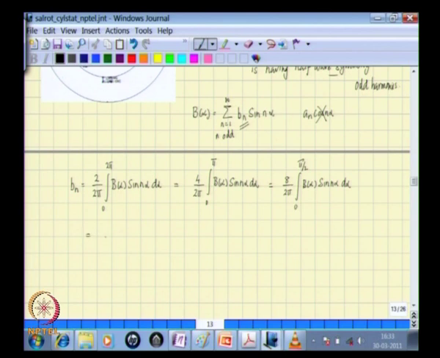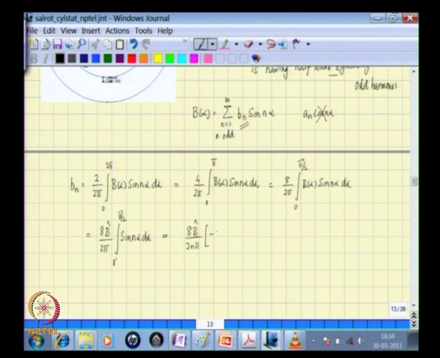So, in the interval 0 to pi by 2, the function has a value equal to B hat over the interval gamma to pi by 2 and 0 elsewhere, and therefore this is sin n alpha d alpha, which can be written as 8 times B hat by 2 n pi.